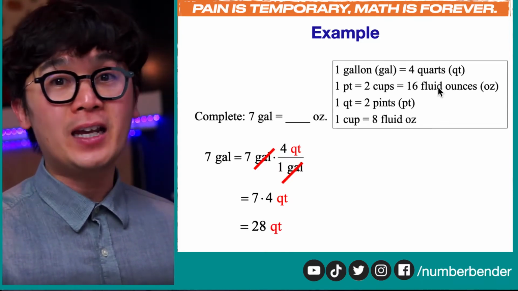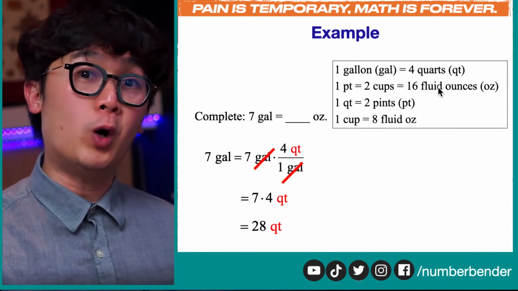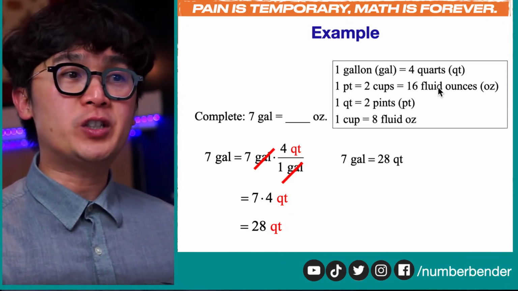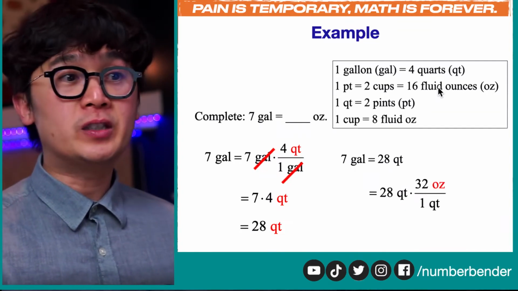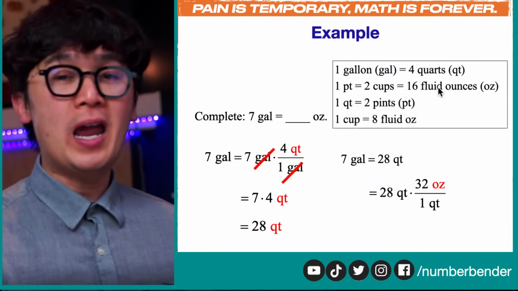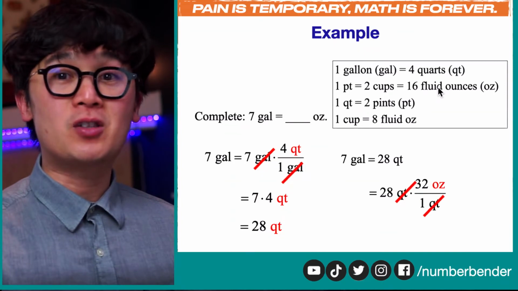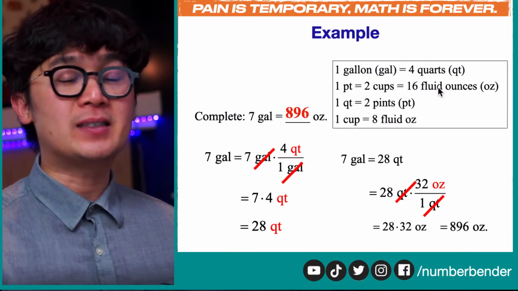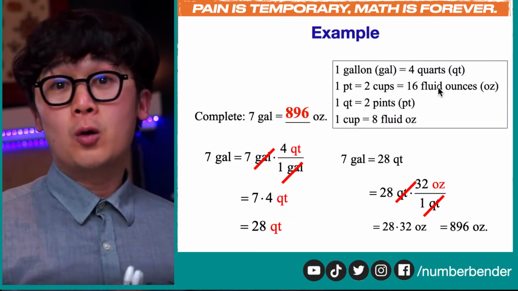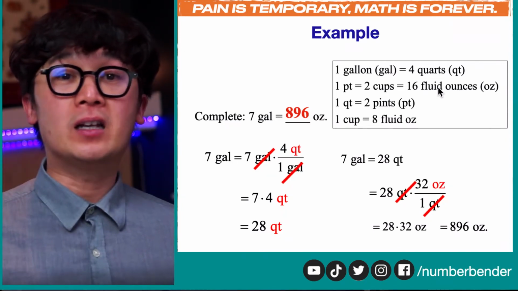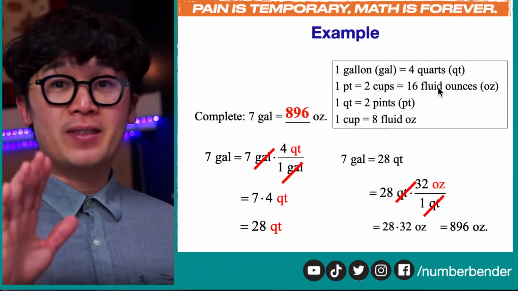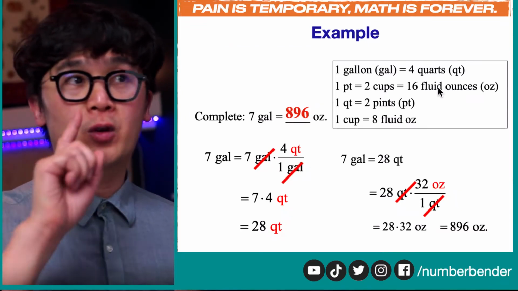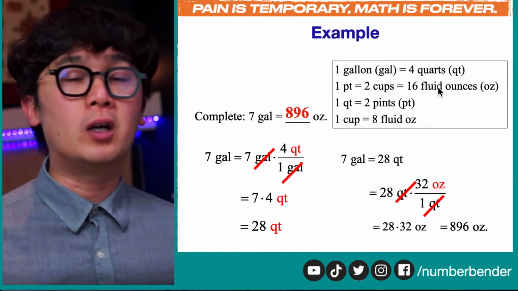And the second process is to convert our quarts into ounces, and we're able to produce our conversion factor of 32 ounces per 1 quart, and we have 28 times 32, which is equal to 896 ounces. And this is how we're able to convert 7 gallons into ounces.